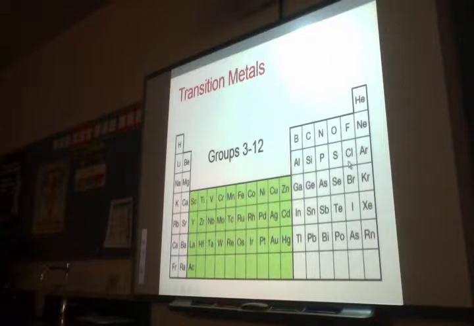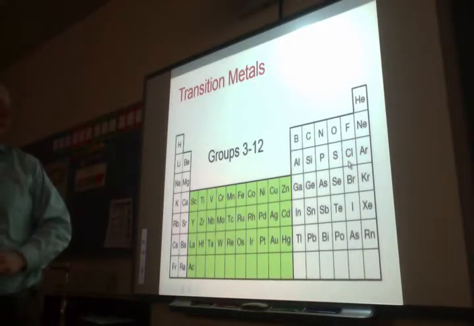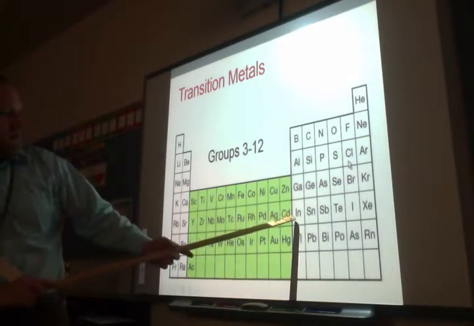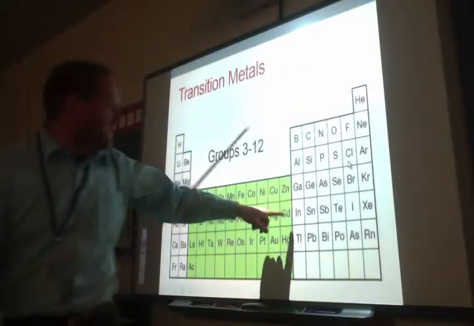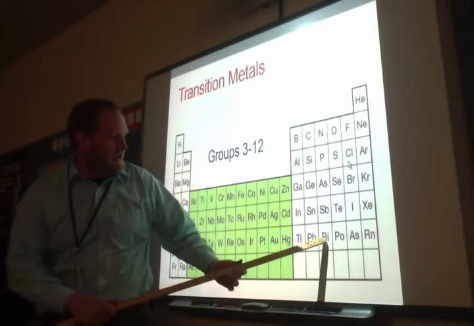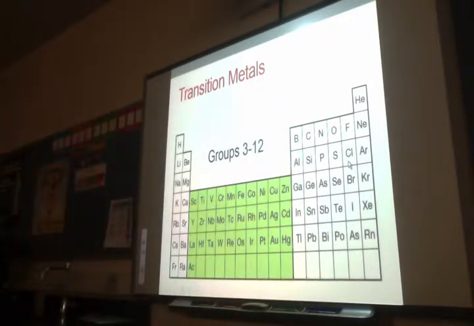Well, I'll just tell you now, because what we're going to do is make an outline around these. So it's going to include indium, tin, tellurium, lead, and bismuth. So it's going to be all these plus those 5.